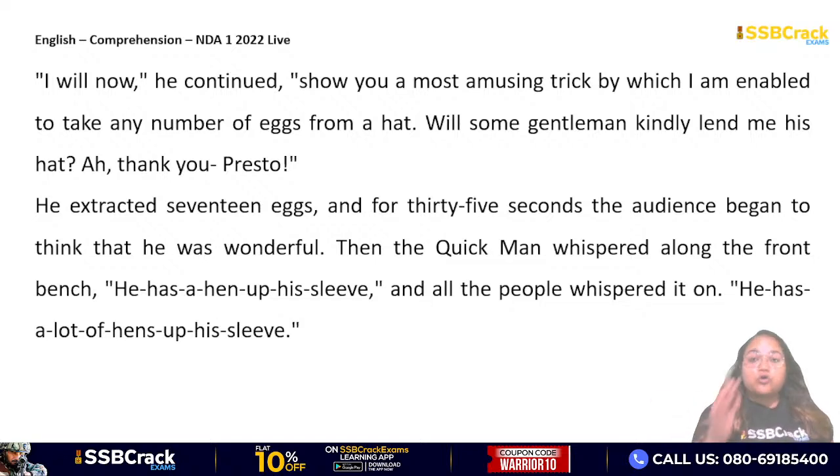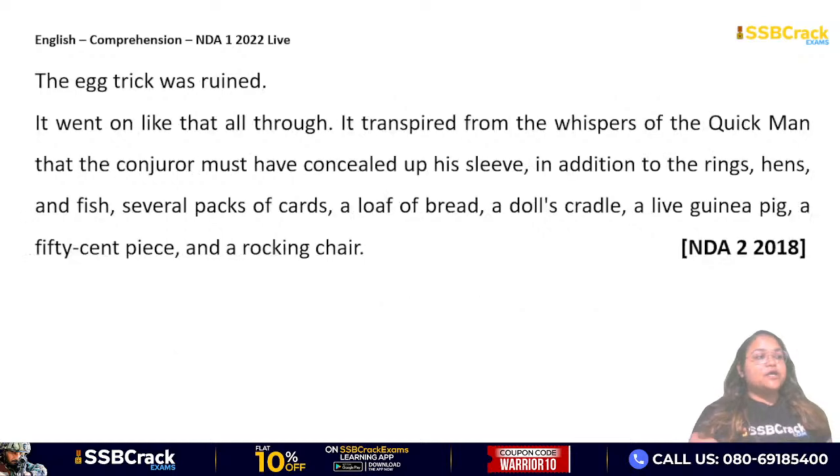"He has a lot of hens up his sleeve." The egg trick was ruined. It went on like that all through. It transpired from the whispers of the quick man that the conjurer must have concealed up his sleeve, in addition to the rings, hens and fish, several packs of cards, a loaf of bread, a doll's cradle, a live guinea pig, a 50-cent piece and a rocking chair.